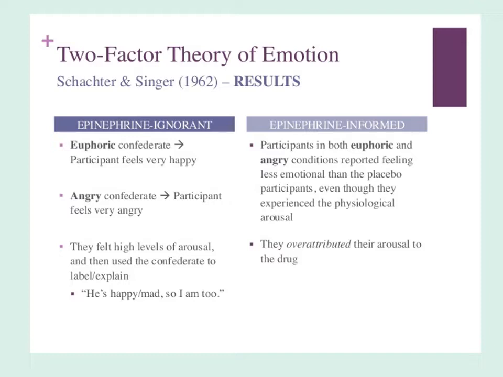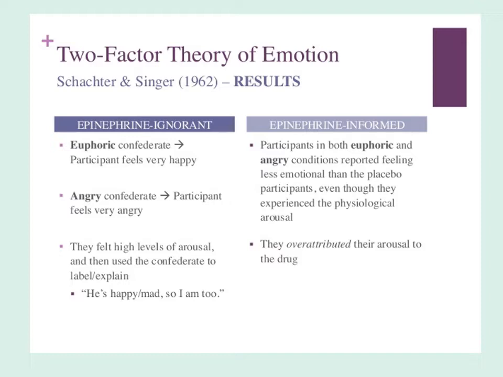They found that in the condition when the participant did not know that they received an arousal-inducing drug, in other words, they experienced unexplained arousal, they were significantly more influenced by the behavior of the confederate. In other words, they came to label their arousal as an emotion, taking their cues from the behavior of the confederate.